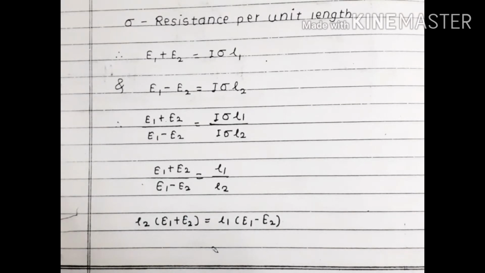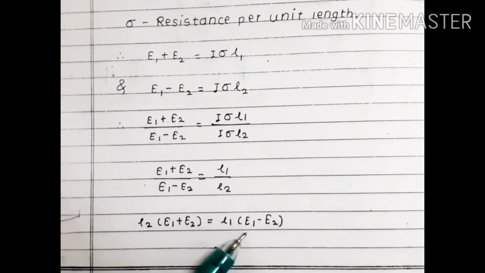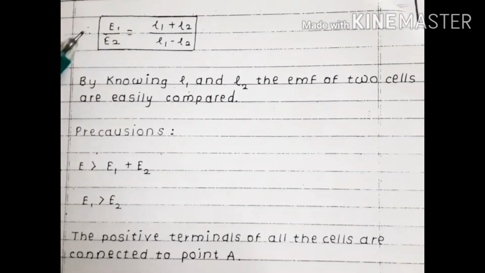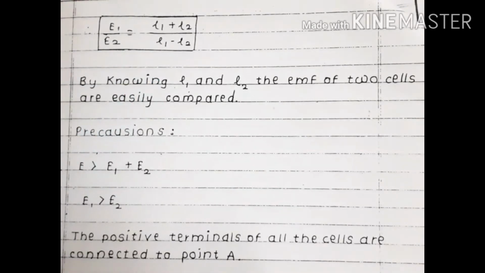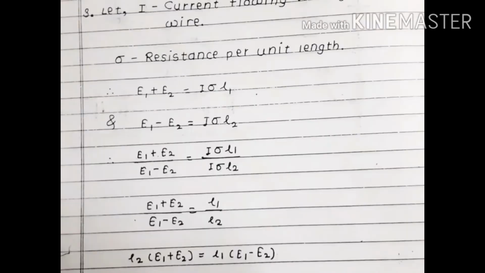Now, taking the cross multiplication, L2 into bracket E1 plus E2 is equal to L1 into bracket E1 minus E2. By solving this step, we get E1 divided by E2 is equal to L1 plus L2 divided by L1 minus L2.